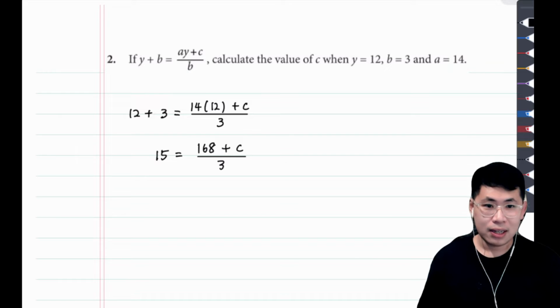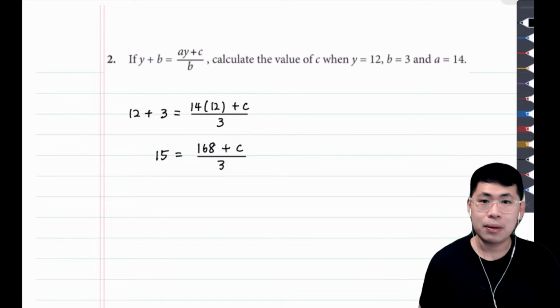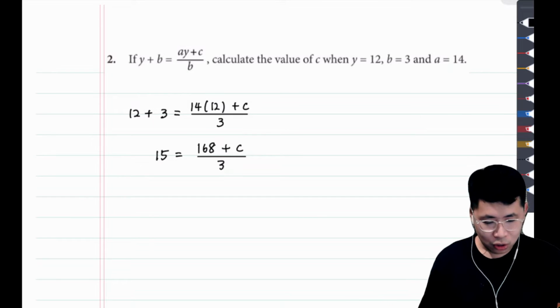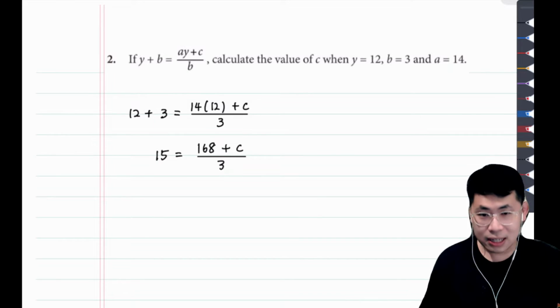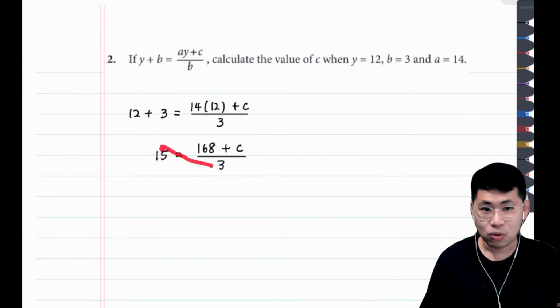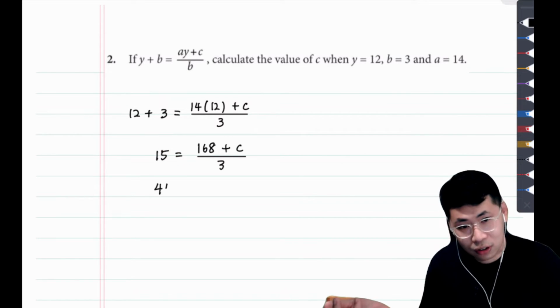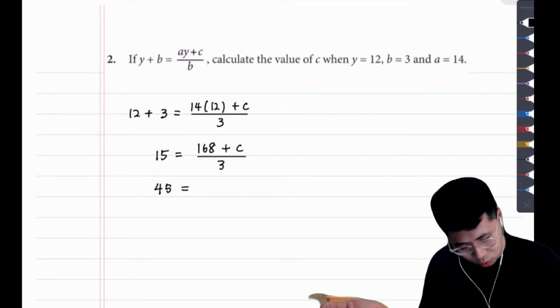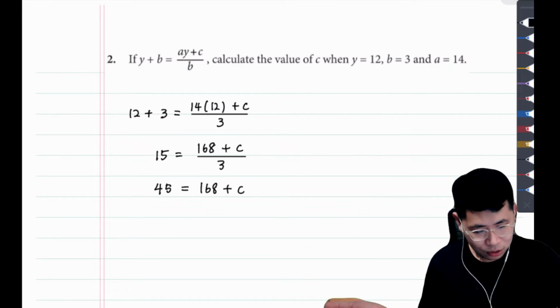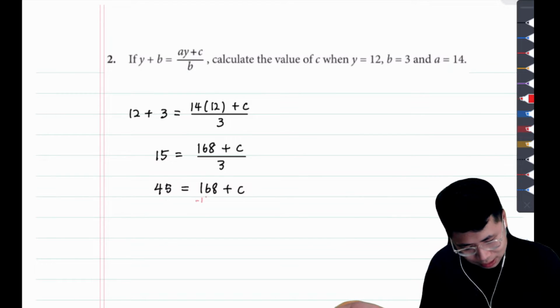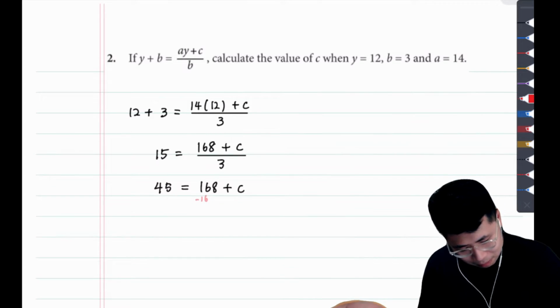How do we solve for C? It becomes like solving the equation last time. The 3 is at the denominator, so we need to multiply to the other side. So 45 is equal to 168 plus C. Then we can minus 168 on the right, minus 168 on the left.